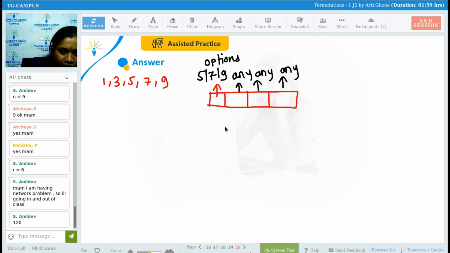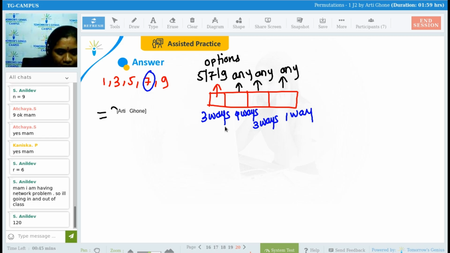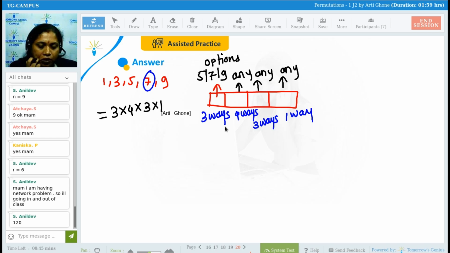This can be filled in 3 ways. Okay, if I lock any number, let's lock 3. How many digits are left with us? 1, 2, 3, 4. So we have 4 ways to fill this. Okay, if I lock any 2 numbers, then 3 ways to fill this and 1 way. Clear? So the case arising here is 3 into 4 into 3 into 1.